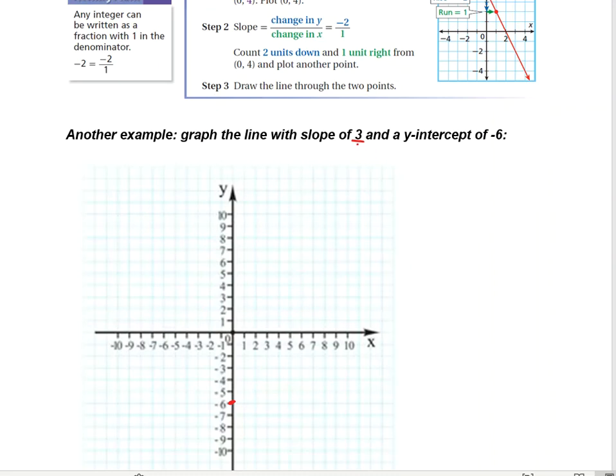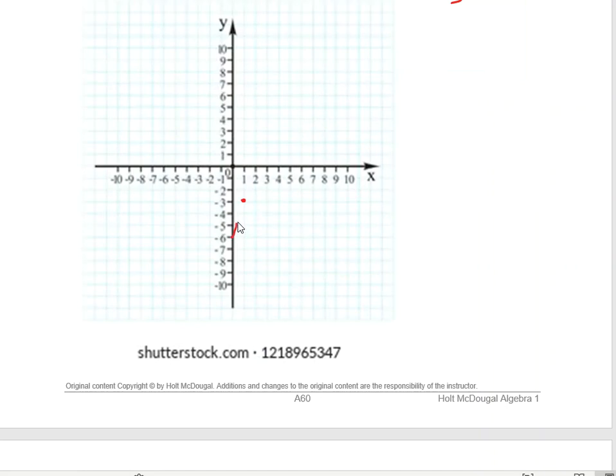Well, one of my points came back. Okay, so I have a point at -6, and I have a point that is up 3 from that and over 1, and then you would draw a line through the points and extending in both directions, something like that.